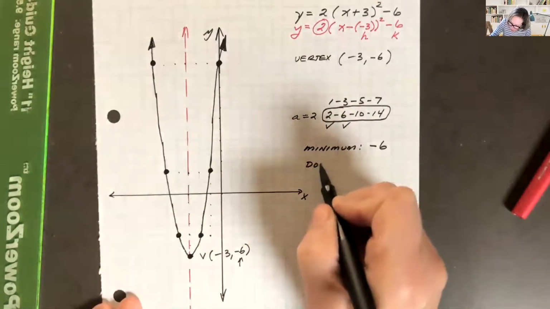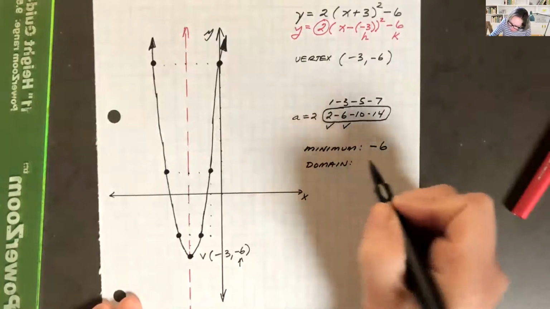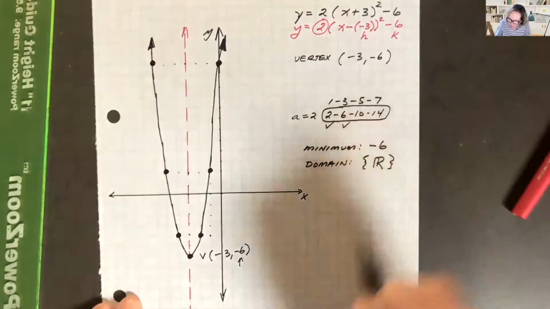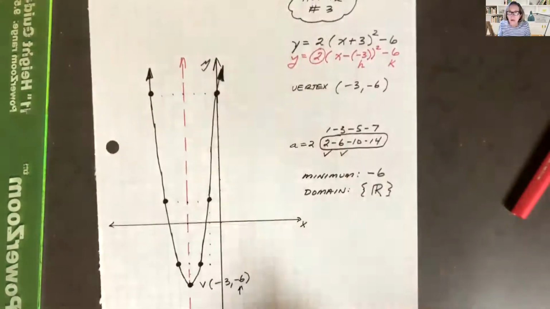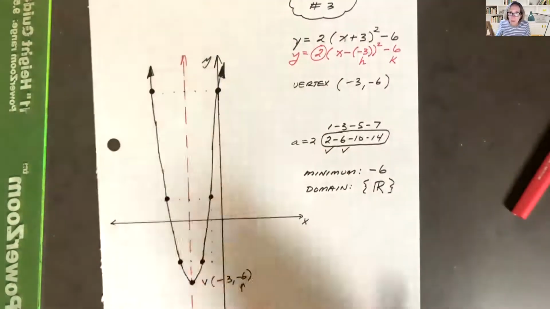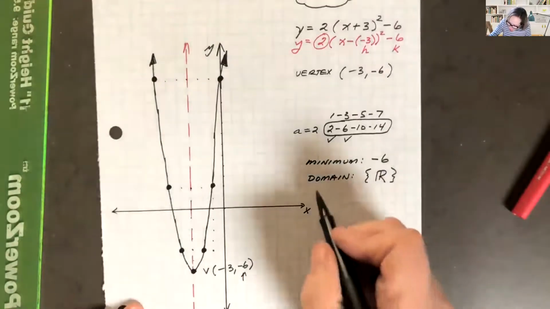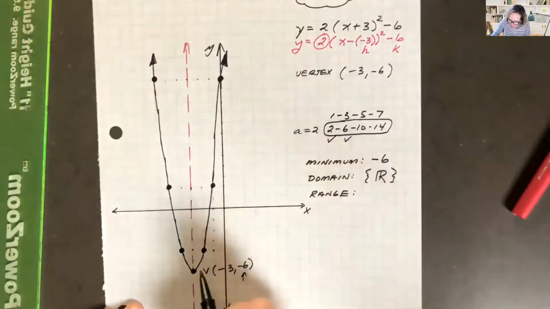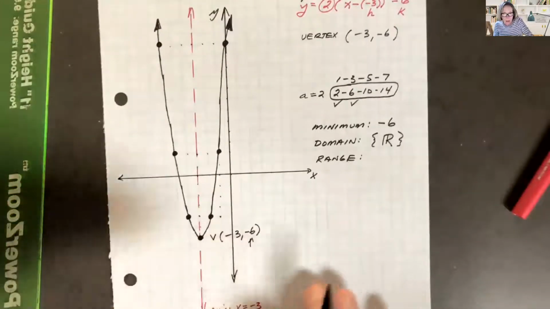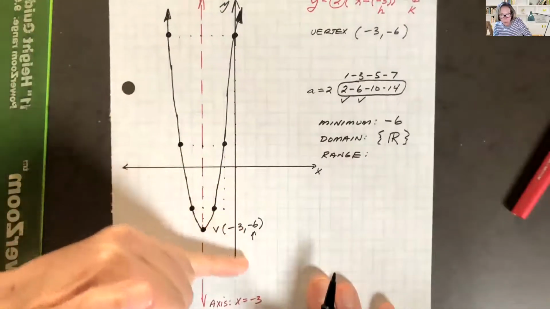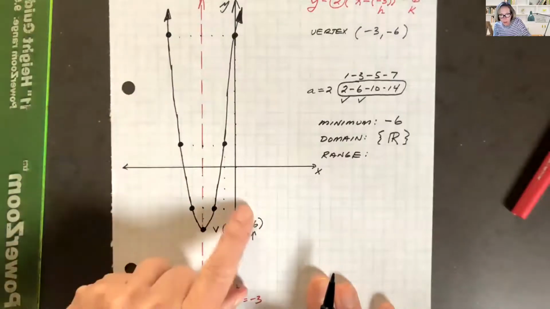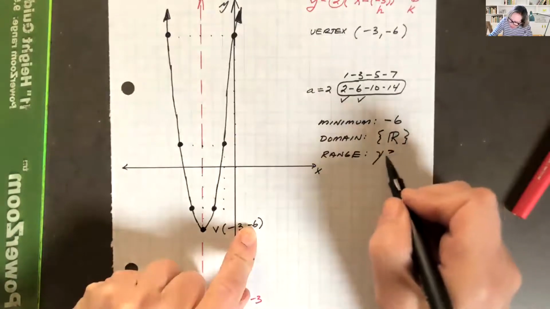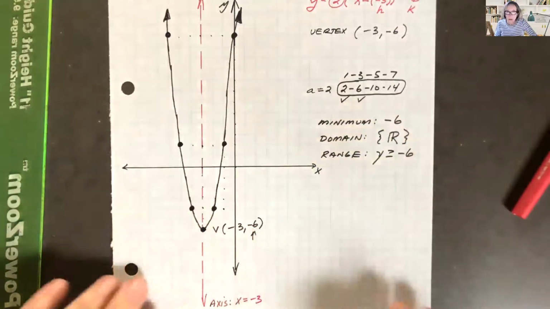The domain is, as for all parabolas of this type, all real numbers, meaning you could put any value of x into this function and find a point y and plot it. But the range, which is all the possible y values, we can see that the bottom of the valley is here at -6. y is never going to go below that. You're never going to have a point lower than -6. So we know that y has to be greater than or equal to -6.